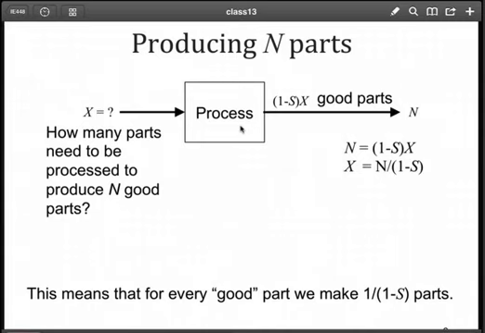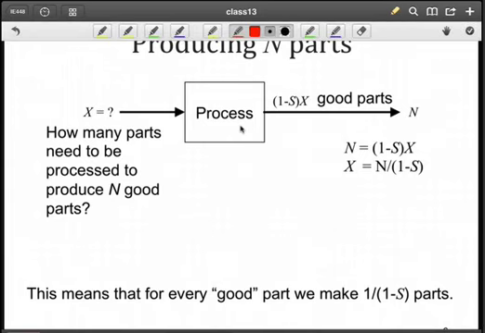Well, what if we're producing end parts? What we'd like to do is deliver those end parts to the customer. Now let's just consider one process here. And I want to deliver N good parts to that customer. Well, the question is, how many parts do I have to put through this process to create those end parts?